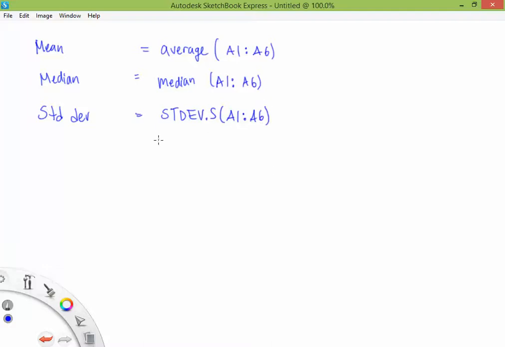STDEV without the .S also works, but this is what they consider deprecated. So depending, if you have an old version of Excel, you might have to use this one, but this is the new recommended thing.